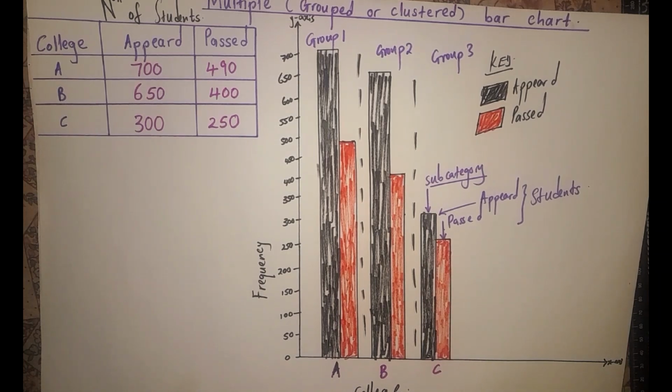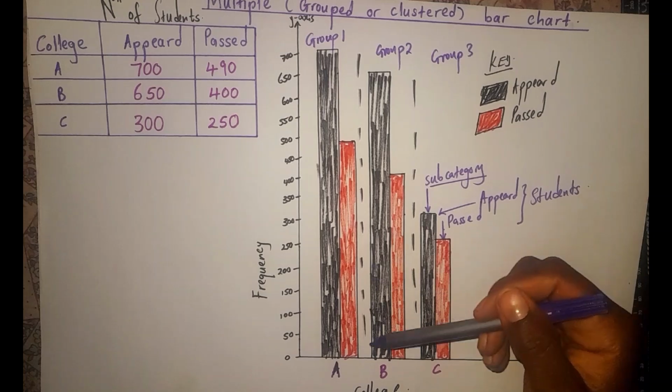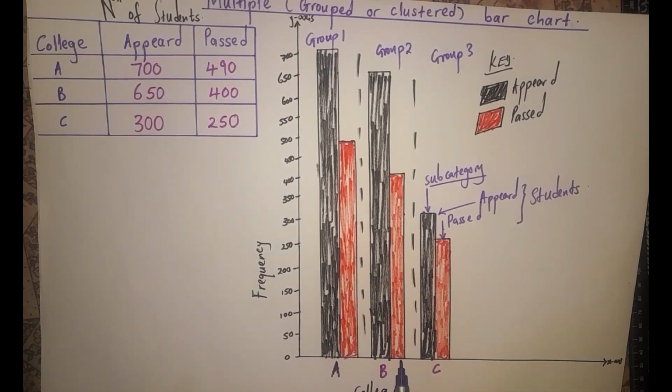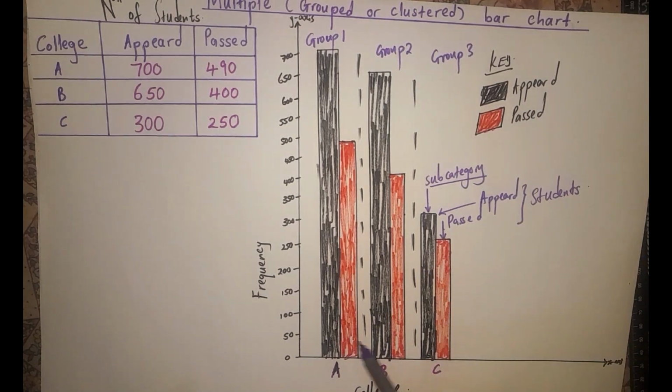We have to notice that within a group, the two categories are given different colors, and they have the same colors between the groups, so as to give a comparison of the categories between the groups.